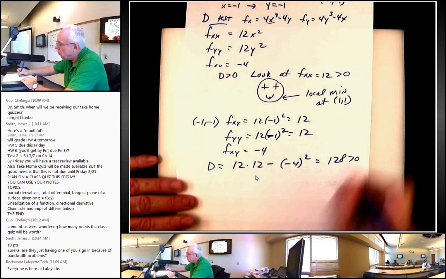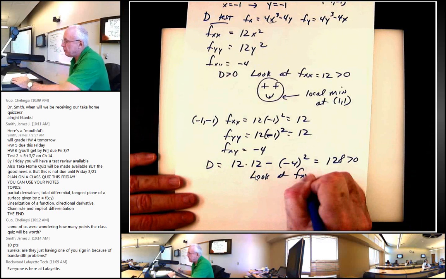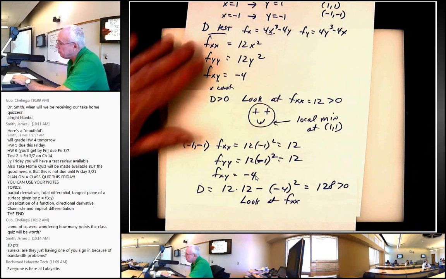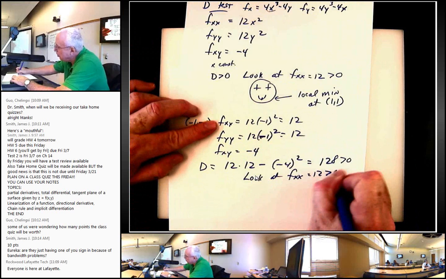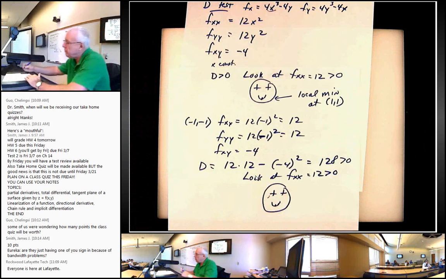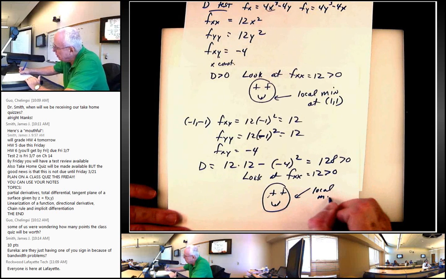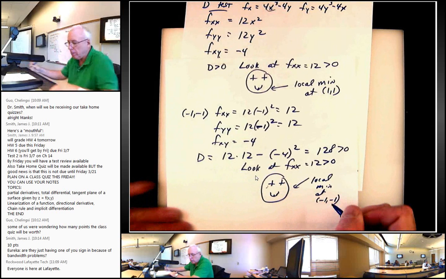Bigger than 0, we look at the fxx value. Now this time around for this one, fxx is again equal to 12, bigger than 0. So again, we have the positive face case, and we have another local min at negative 1, negative 1. All right.